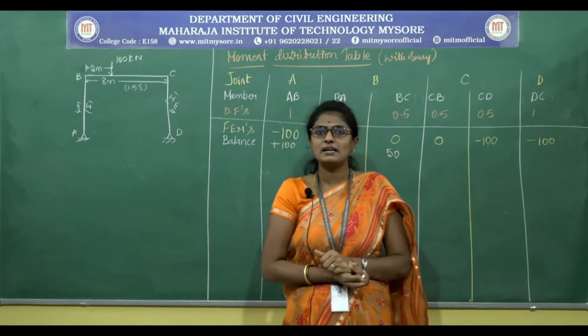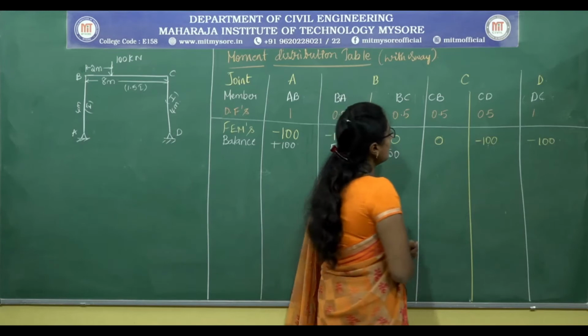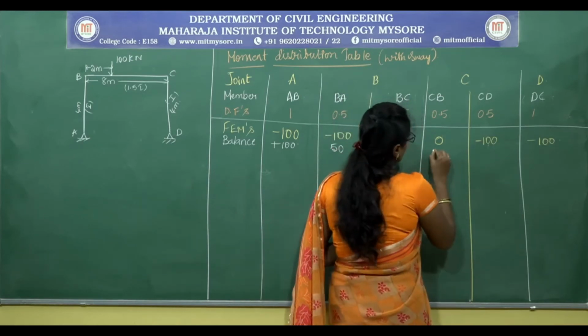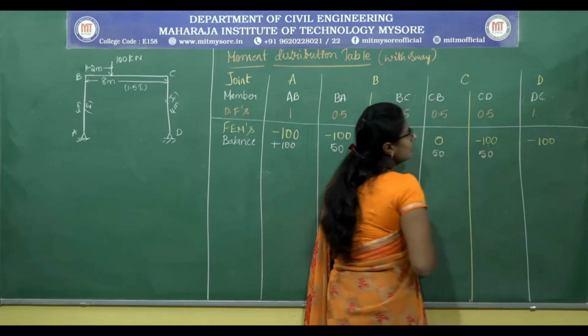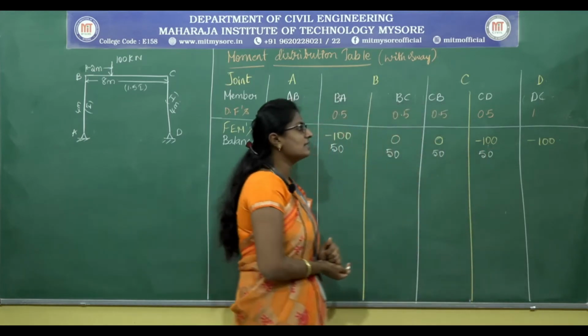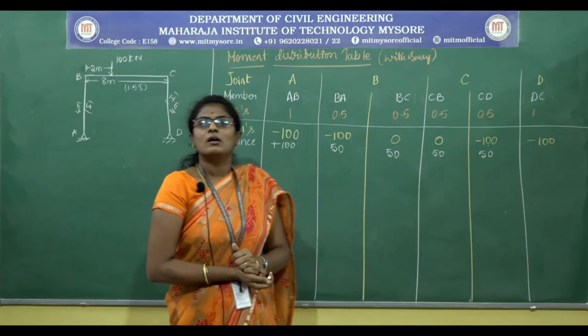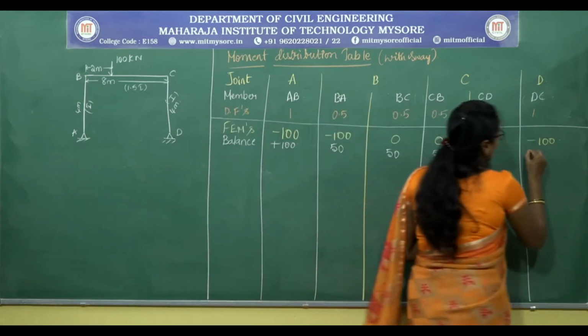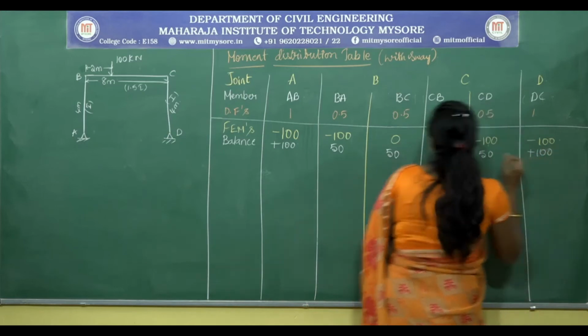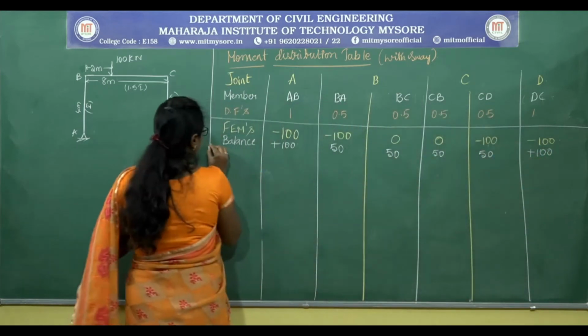To balance this, plus 100 multiplied by 0.5 will give you plus 50, and again here plus 50. Then minus 100 is the unbalanced moment. To balance this, we consider plus 100 multiplied by 1, which will give you again plus 100. Okay. So, this is the balancing step.